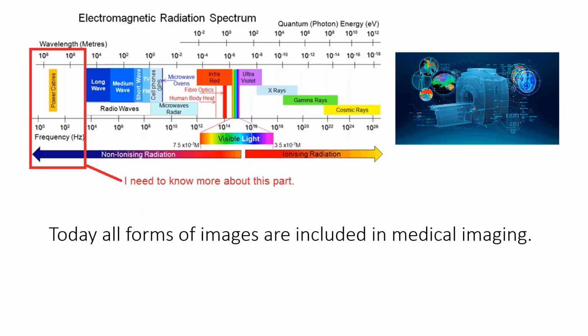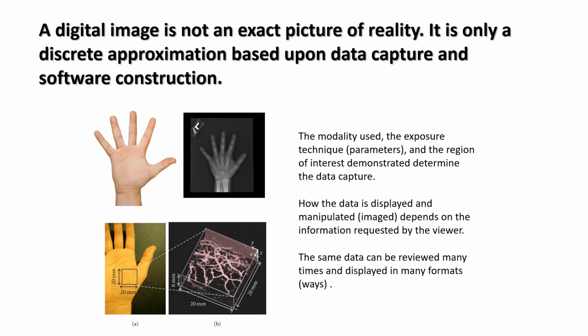Today, all forms of images are included in medical imaging, whether an MRI or a photograph or a diagnostic X-ray. A digital image is not an exact picture of reality. It is only a discrete approximation based upon the data capture and the software construction of the energy interaction at a specific time with a specific tissue.